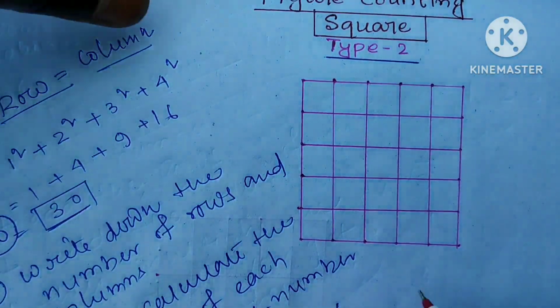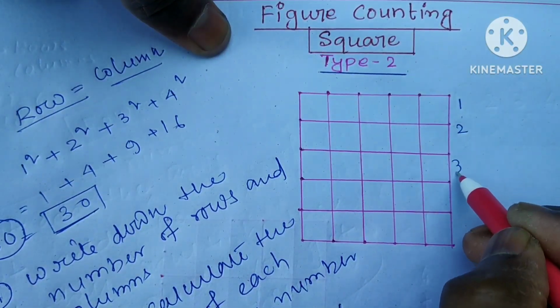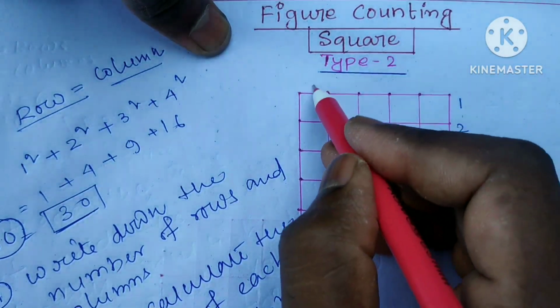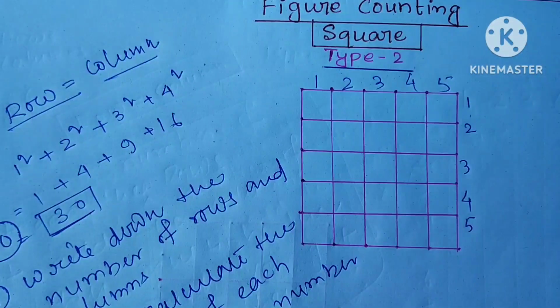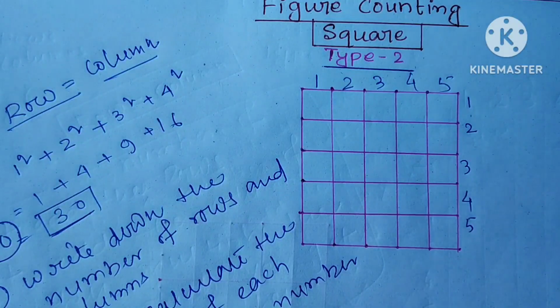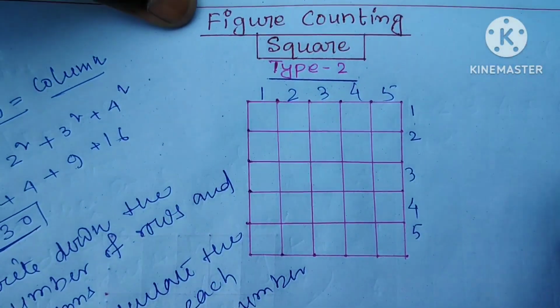So here the number of columns is 1, 2, 3, 4, 5, and the number of rows is 1, 2, 3, 4, 5. So in the case of a square, when the number of rows is equal to the number of columns, we have to calculate the squares of those numbers.